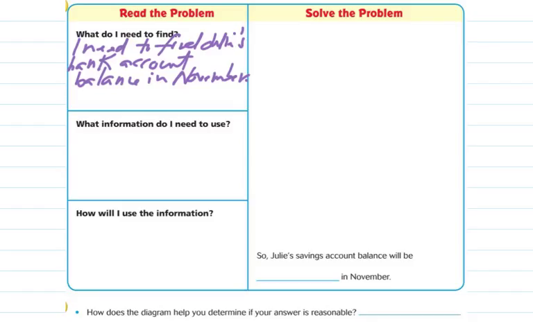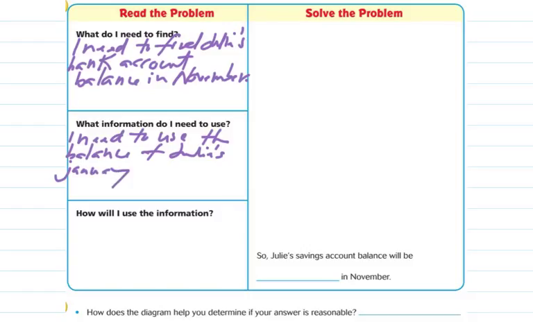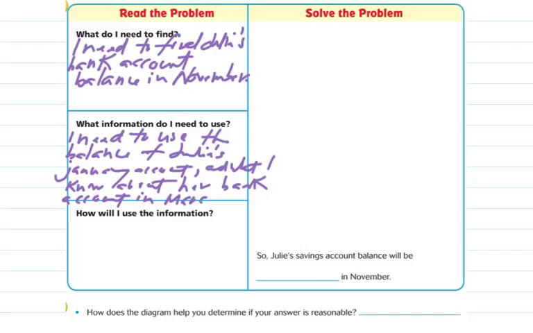What we would say is, I need to use the balance of Julie's January account and what I know about her bank account in March to find November's balance.